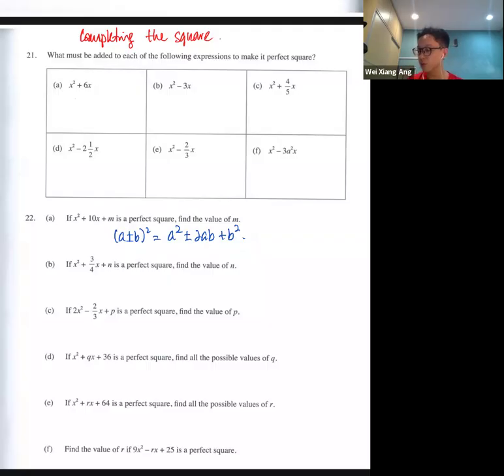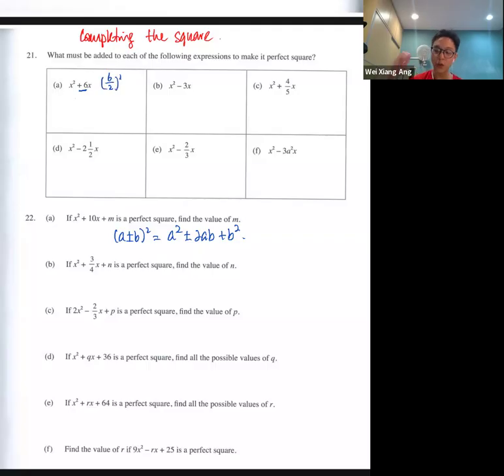What must be added to each of the following expressions to make it a perfect square? We will take a look at the x term, x squared plus 6x. In fact, I'll just look at the coefficient of x. This is 6. What I'm going to do is divide this by 2, and I'm going to square it.